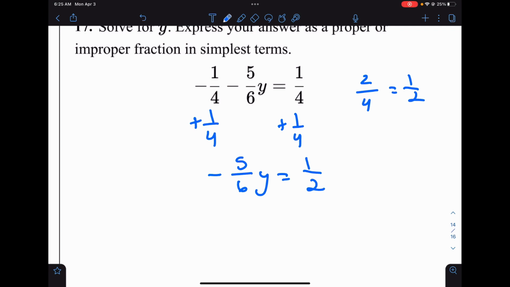Then, to get y by itself, I know a lot of you guys are going to want to divide by negative 5/6, and you can do that as long as you know how. What I would recommend here is multiplying by the reciprocal. So I'm going to multiply both sides by negative 6/5.